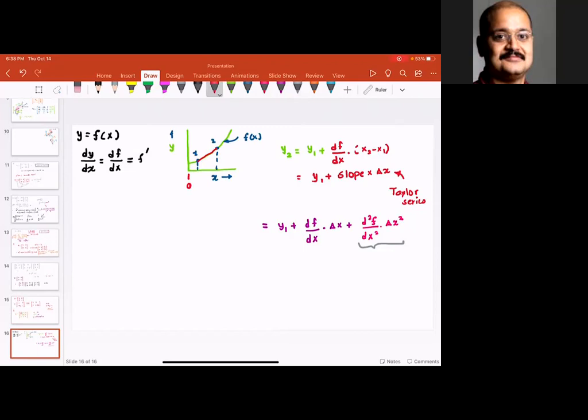So if you have a series, and I'm going to call this z, which is a function of x and y. Now z is the dependent variable, x and y are independent variables. Let's look at the basics.